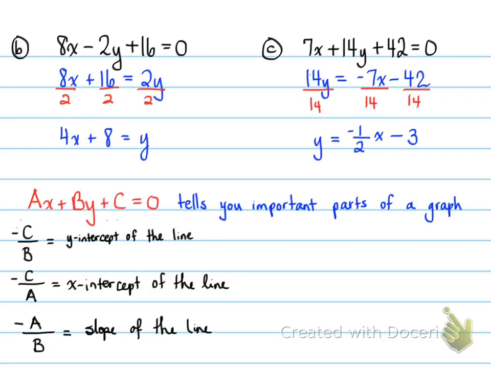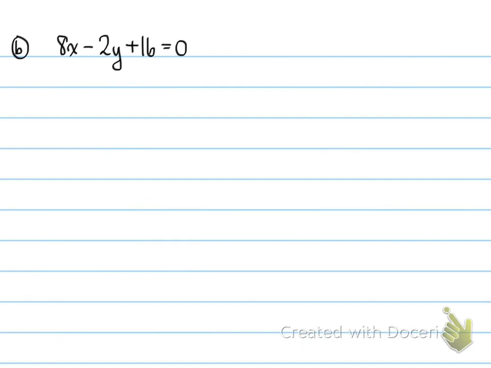8x minus 2y minus 16. Oops, let's pause this, folks, and get back to the original. Here we go. 8x minus 2y plus 16 equals 0. We want to isolate for y, make where y is positive. That means the minus 2y moves over to the other side. So we get 8x plus 16 equals 2y.